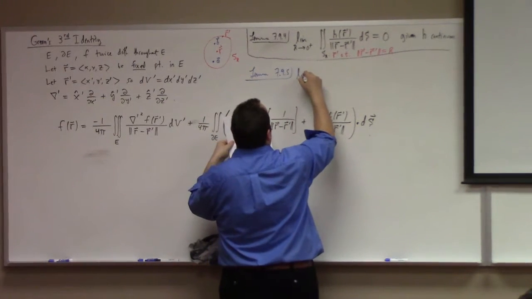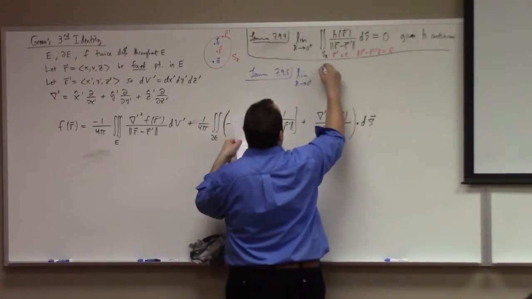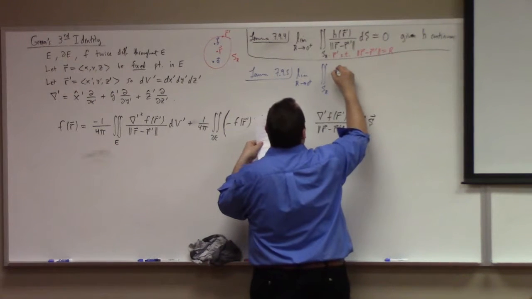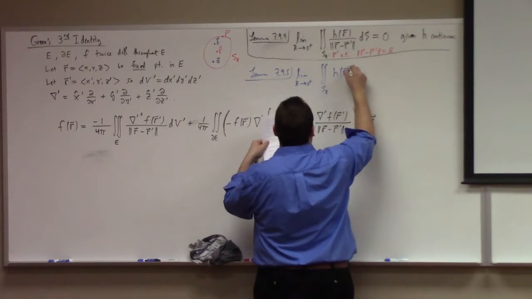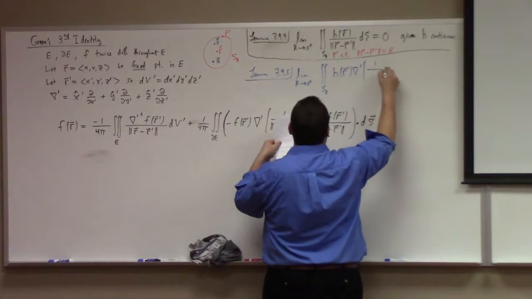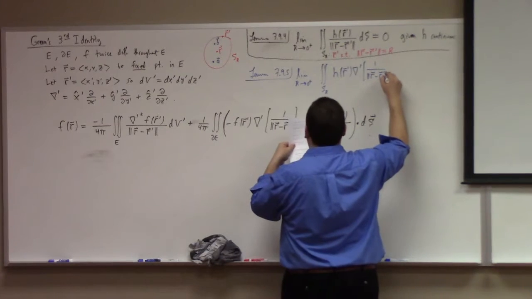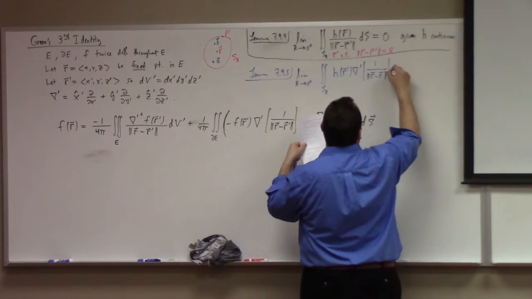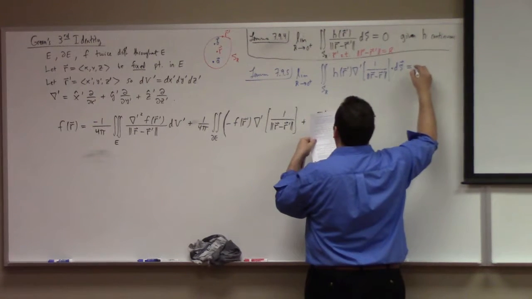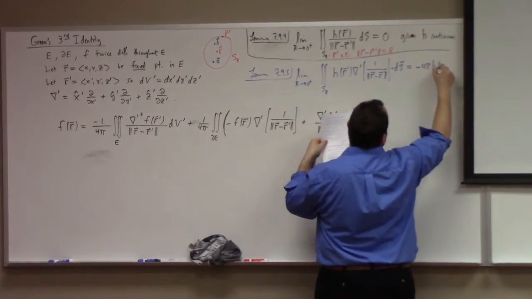The limit, as r goes to 0 from the right, of the integral over the sphere of radius r of h of r prime, gradient prime, 1 over the length of r minus r prime, dot ds vector, is equal to minus 4 pi h of r.